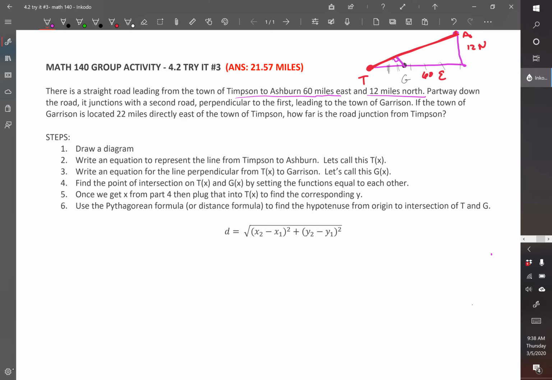So we want to know this distance here. So we are going to need to use our Pythagorean theorem on that. We're going to have to figure out the distance. Using the distance formula, we can figure out the distance between these 2 points.